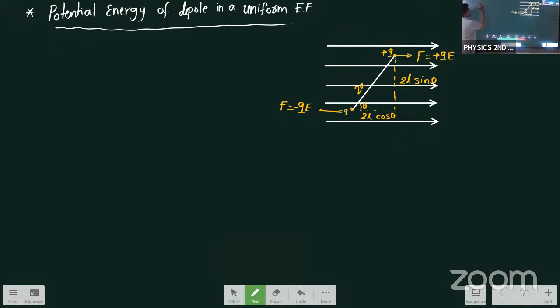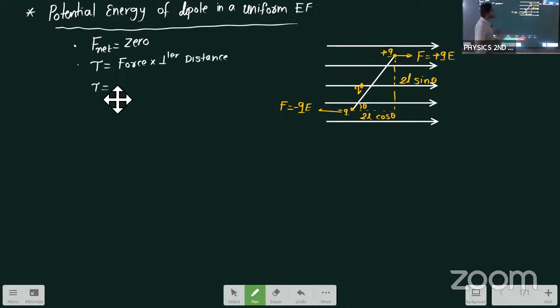What was the formula for torque we got? We came to know that whenever an electric dipole is placed in a uniform electric field, the net force acting on the dipole was zero. Whenever the net force on the dipole was zero, torque is developed. The formula for torque was force into perpendicular distance. We can consider any one of the forces, either plus QE or minus QE.